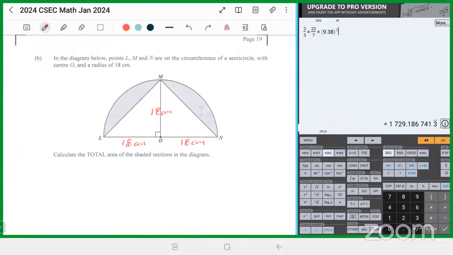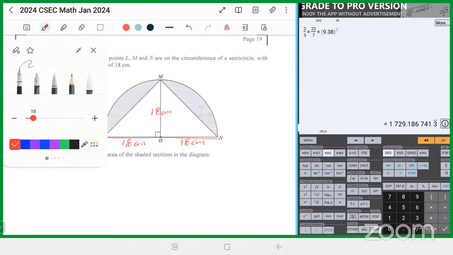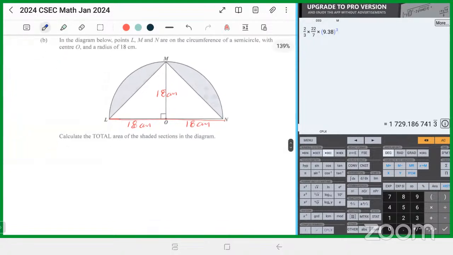It says calculate the total area shaded. Wow, all right. So the total area shaded is the area of the semicircle minus the area of this triangular space in there. Simple as that. So the area shaded is the area of the semicircle minus the area of that unshaded triangle.